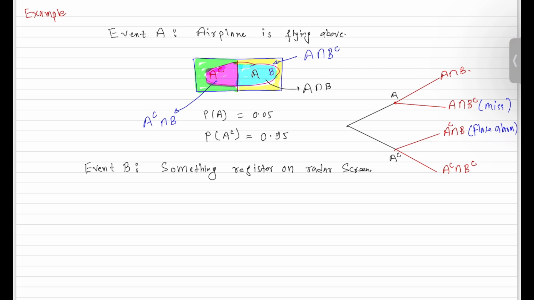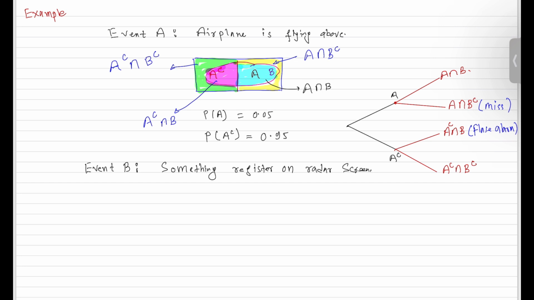And so this green part is the event where there is no airplane and radar has detected that there is no object on its screen, right?